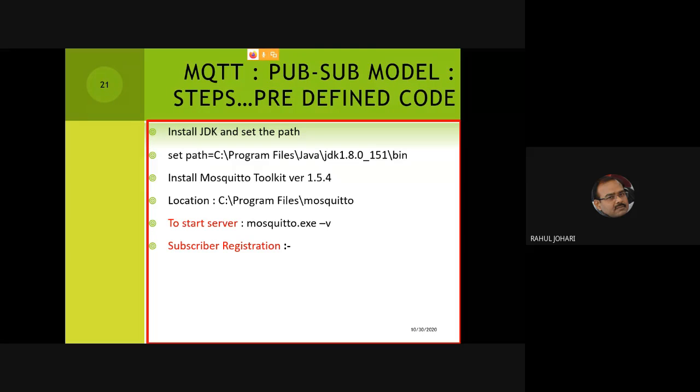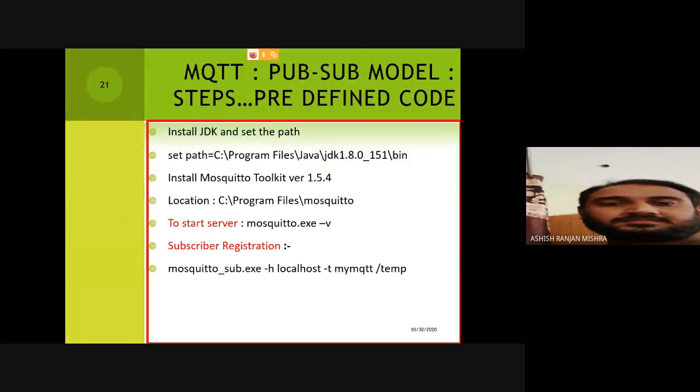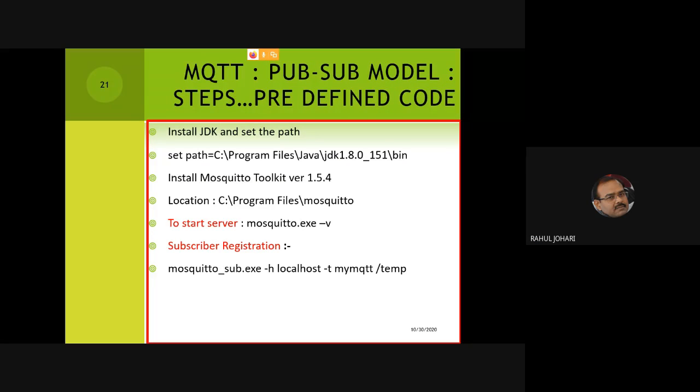Then we need to have a subscriber now. The subscriber has to log in, because the subscriber will say, okay, I would like to have certain information. So subscriber registration has to be done with the broker. So we need to type a command. So we say mosquito-sub.exe. Now I'm using predefined code, the way it has been provided by the Mosquito protocol to me.